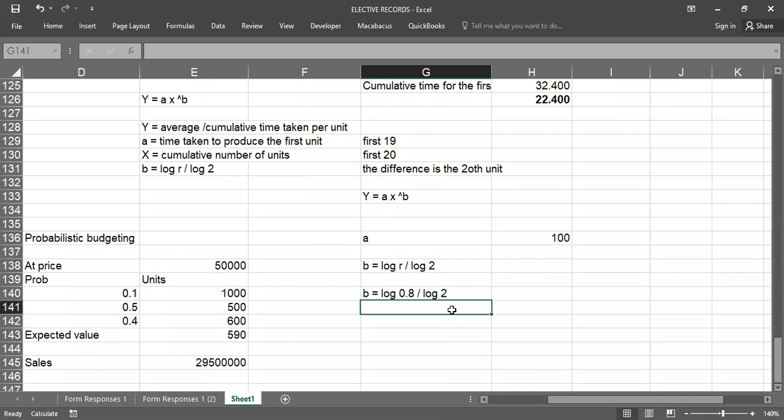What's the value there? When you compute log 0.8 divided by log 2, what do you get?